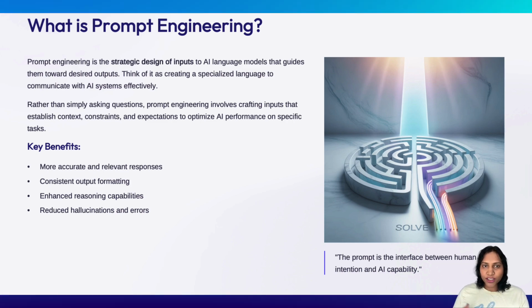So the input is actually going through different attentions and reasonings and neural networks, and the output is generated. The visual emphasizes the importance of the prompt as well, how it is bridging the human goals and the AI abilities.